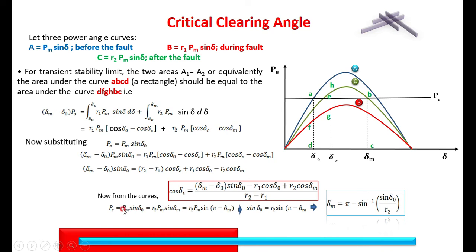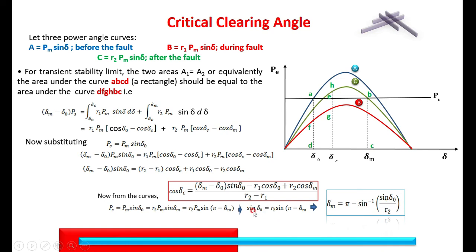Then if you equate the first term and this term, Pm cancels on both sides. Then what I am getting here is sin delta naught is equal to R2 sin of pi minus delta M. If you are interested in the value of delta M, then delta M is equal to pi minus sin inverse of sin delta naught by R2.